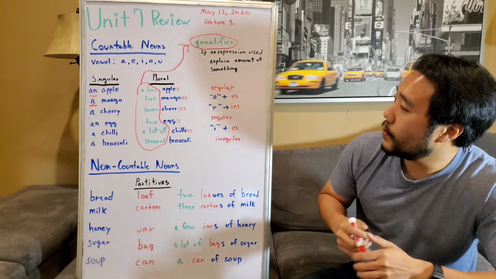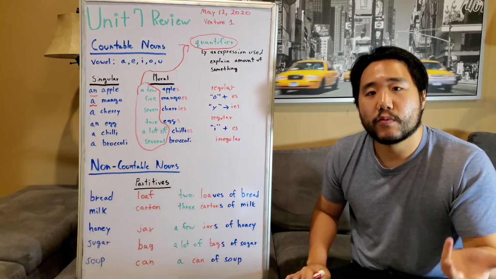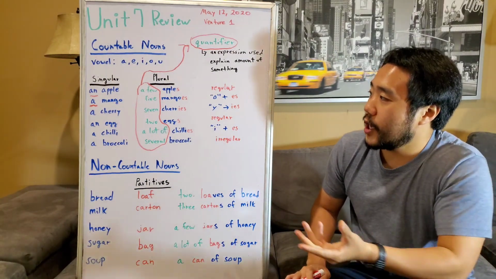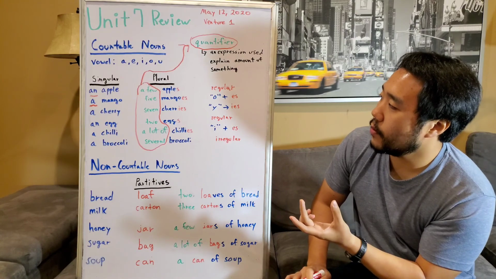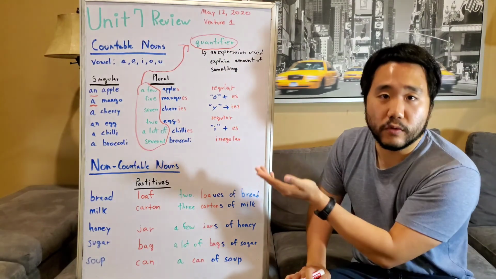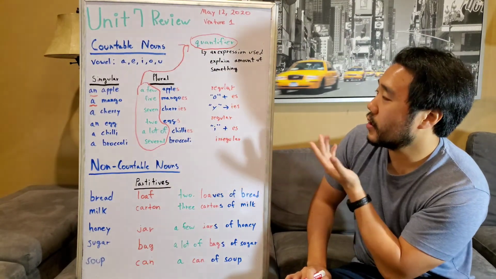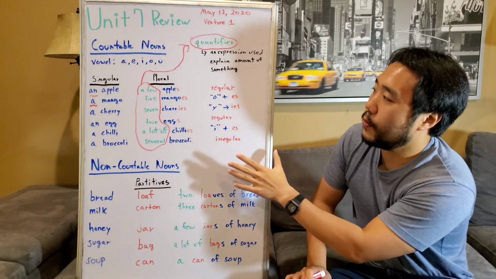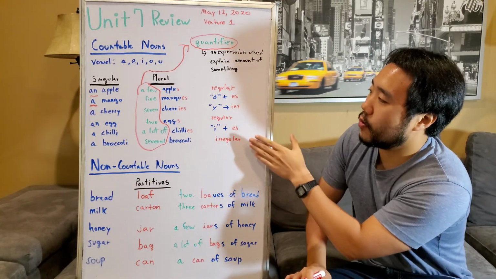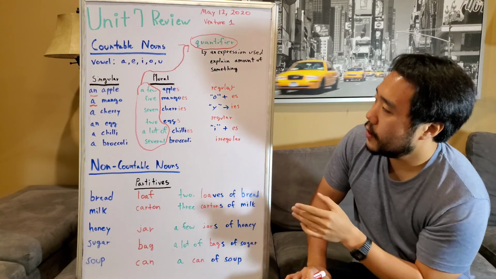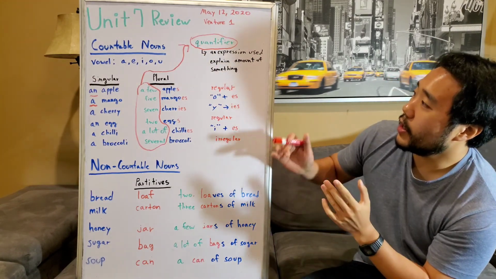So there are a lot of rules in order to change a singular into plural form. These are some of the rules, not all of them, obviously, because it's going to take forever. But I hope this is important for everyone to know about. Anyway, getting back to it.